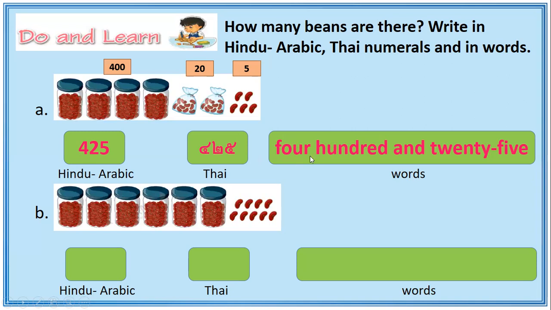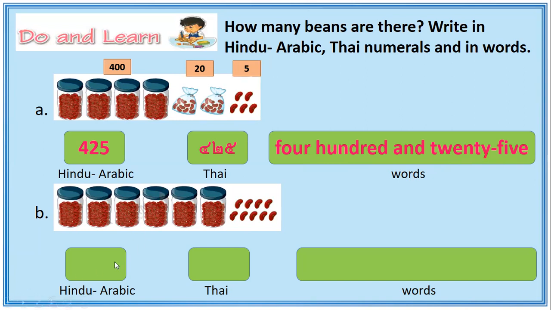Four, 4, HUNDRED, 100. And TWENTY dash FIVE, 25. One more time, read the words. 425. Awesome.